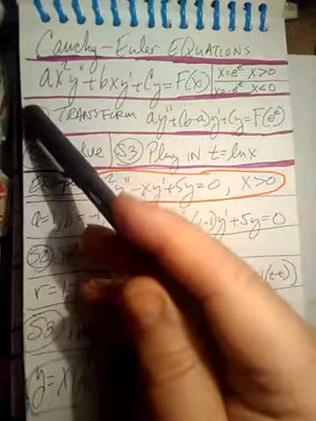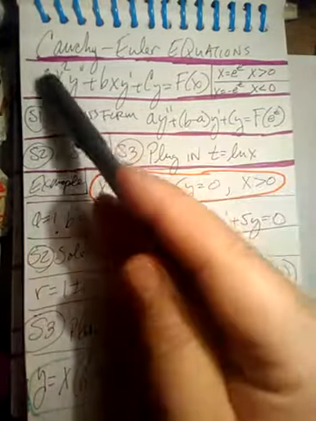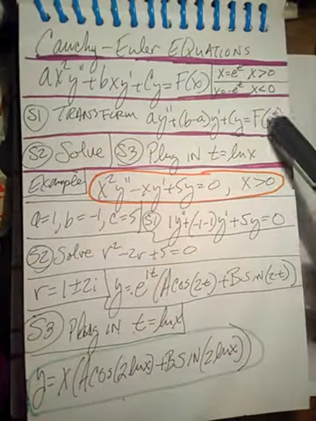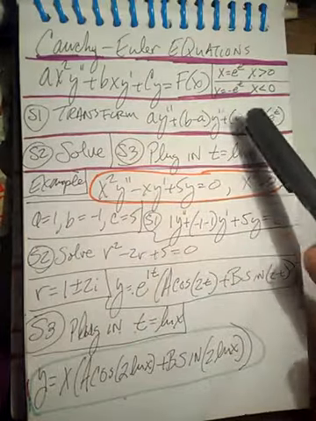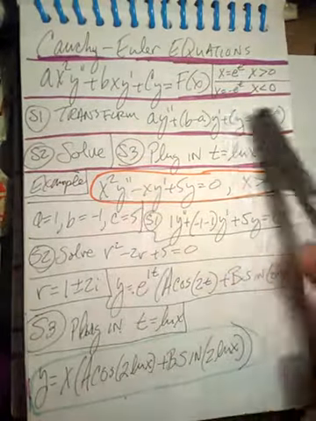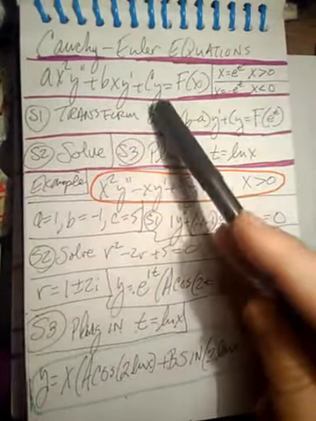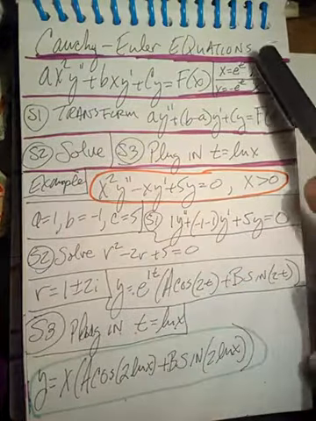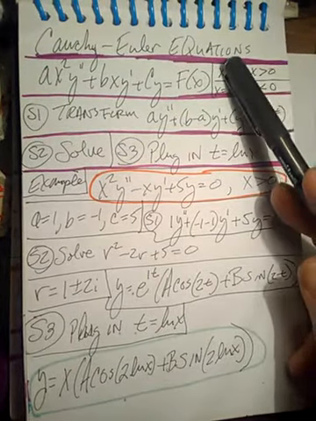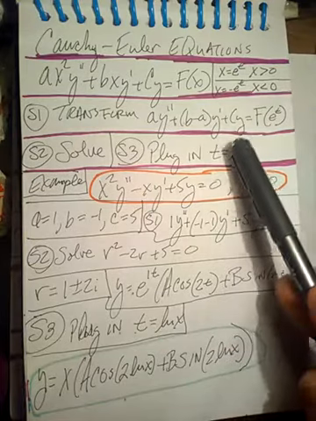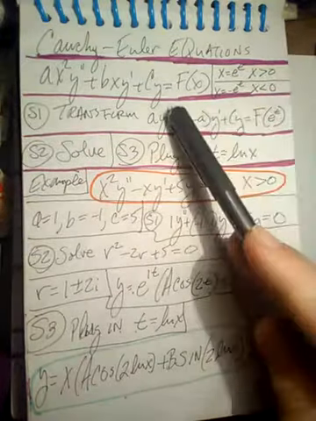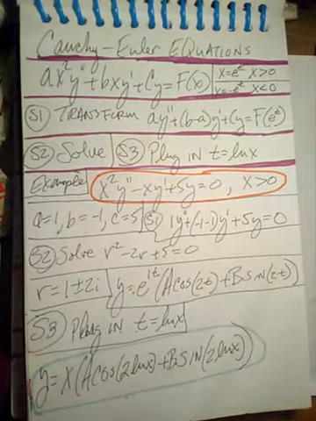So our step number 1 will be, once somebody gives us a differential equation, we'll change it into this differential equation. Step number 2 will be, we will solve this differential equation. And step number 3 is, we'll undo this substitution by plugging in t equals natural log of x. So these are our 3 steps.